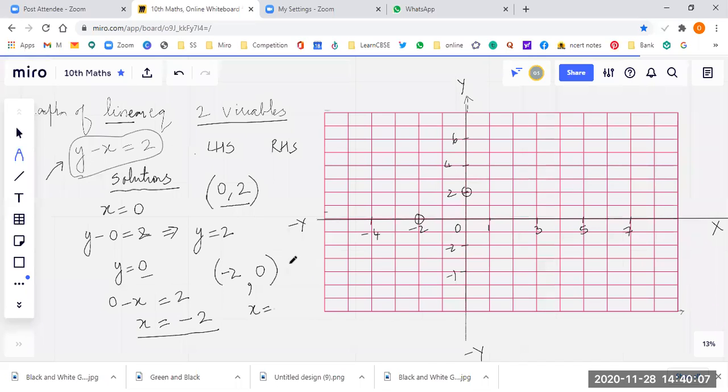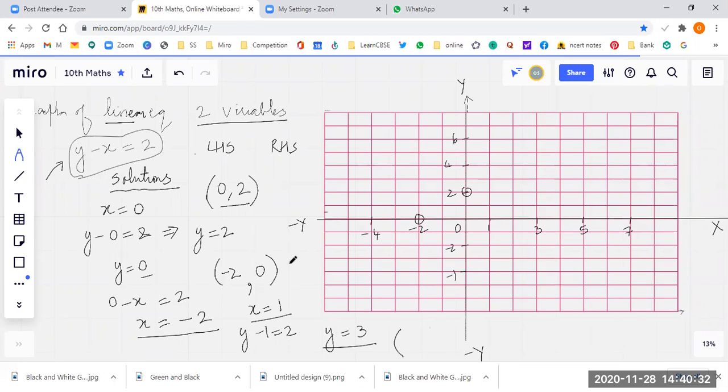Tell me any value. X is equal to 1. Okay, you can take x is equal to minus 1 also, no problem. If you take x is equal to 1, put that value in this equation. So we will get y minus 1 is equal to 2. So y will be equal to 3. Beautiful. Now what is the third solution?